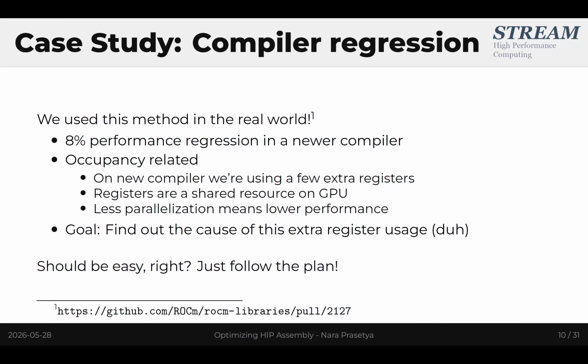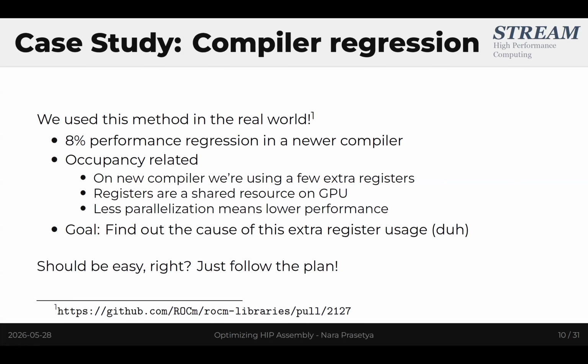There are some resources used on this GPU, and suddenly we're using like 10 more registers. And how the hell do you reduce 10 registers in a kernel? Because we are now using more resources on this GPU, we can't parallelize as much, because you only have limited resources available.